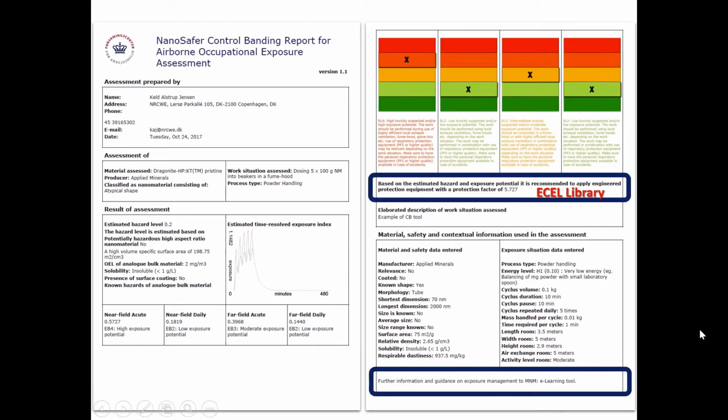we see that based on the estimated hazard and exposure potential, it is recommended to apply engineered protection equipment with a protection factor of almost 6. And then we refer and link up to something called the eCell library that was developed by TNO, which has the performance of a large suite of engineered and personal protection equipment that you can select from and then design your work situation or protect yourself in the work situation as best possible.